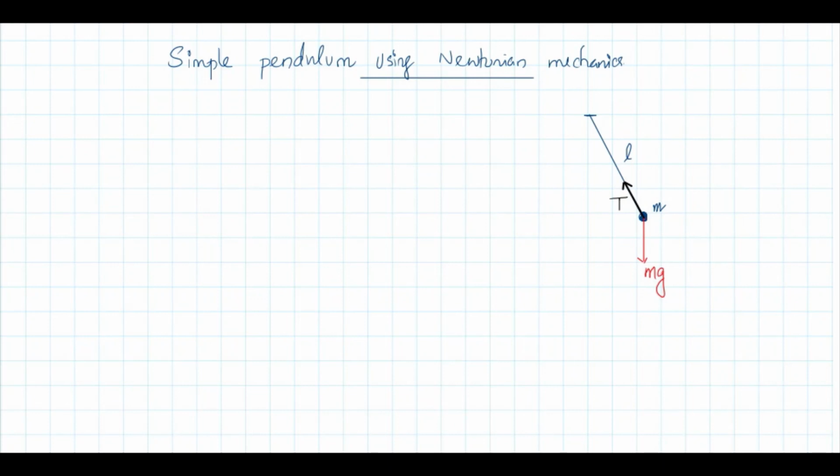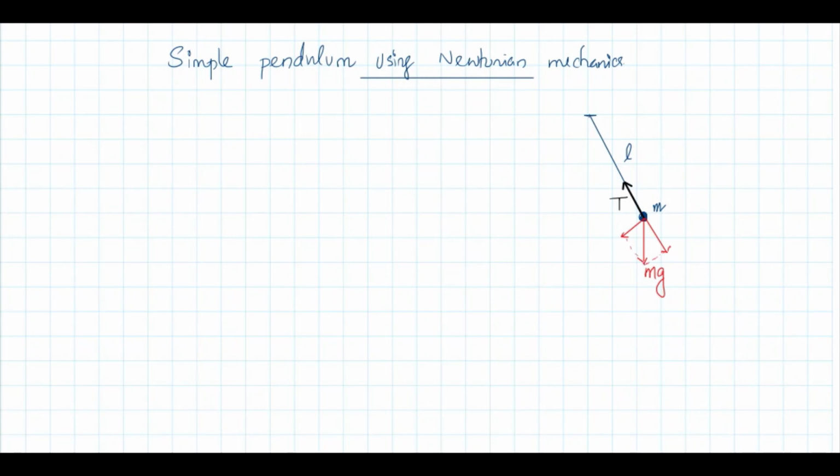One method is to resolve the vector mg into two components: one opposite to tension, the other in this direction. When you resolve it into components, you have to be careful that this component should give you the resultant.